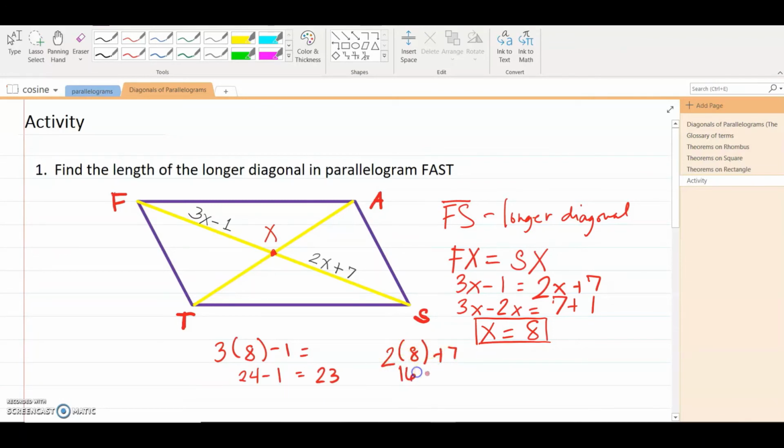So we have 16 plus 7. That is also equal to 23. So if FX is 23, XS is also 23. So the length of the longer diagonal will be 46. So the answer is 23 plus 23 will be 46. Okay.